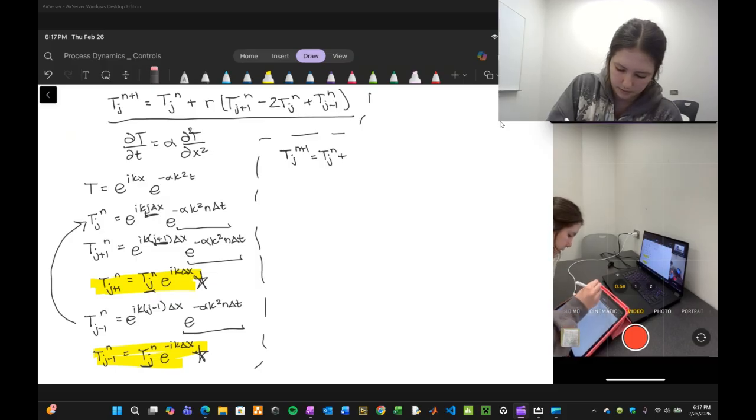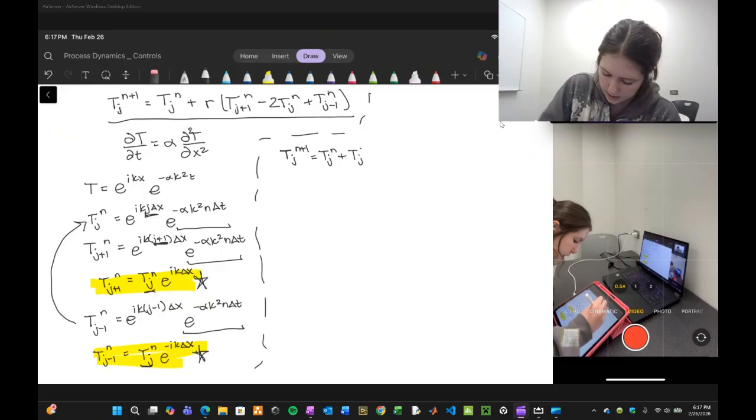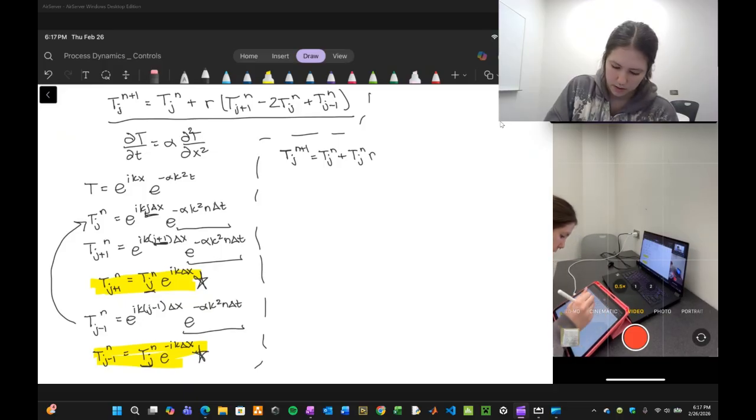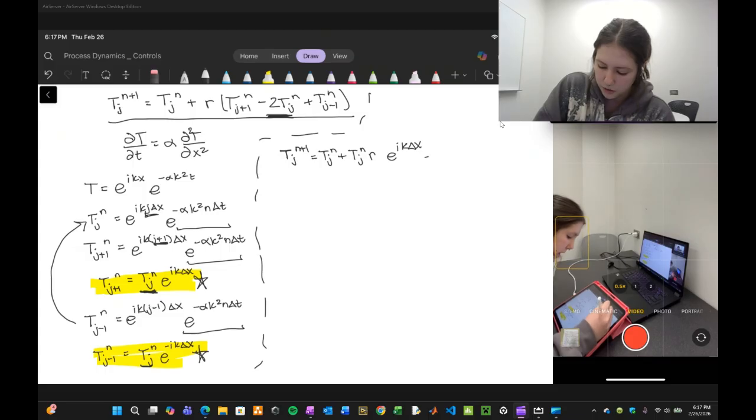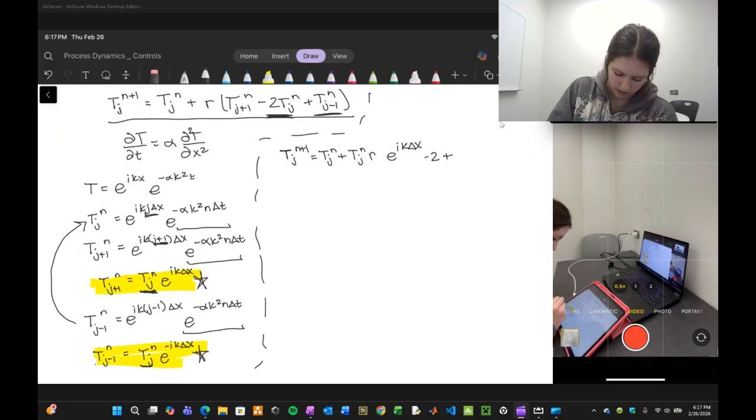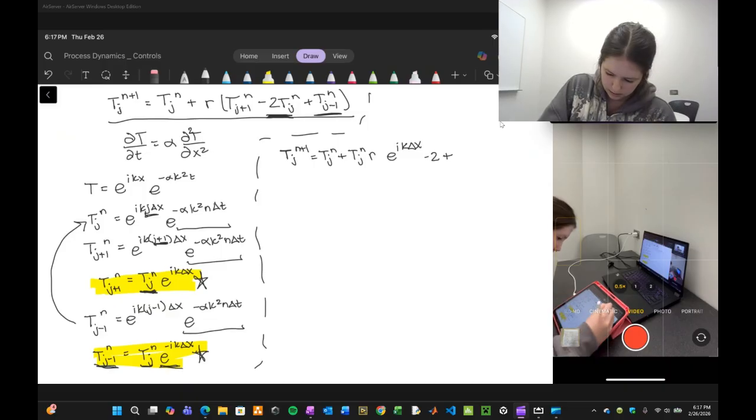Plus T_j n times r of our j plus 1 value, which is right here, and we took this part out, so it'll just be e to the i k delta x. And then our next term right here, since we factored the T_j n out, it'll just be minus 2. And then we'll do plus this last term here, which is down here, which will be e to the negative i k delta x.